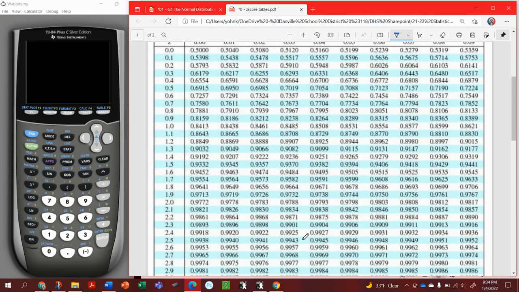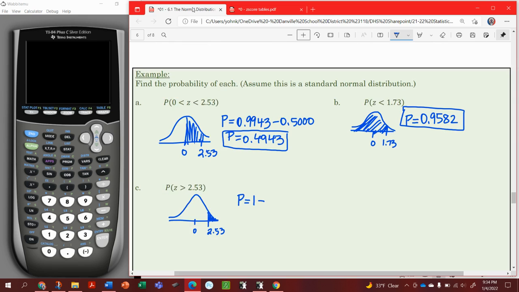That was 0.9943. So 1 minus 0.9943. My answer is 0.0057. I should expect it to be a very, very small number because 2.53 is getting into the outlier area, which means not much more is going to be going on.